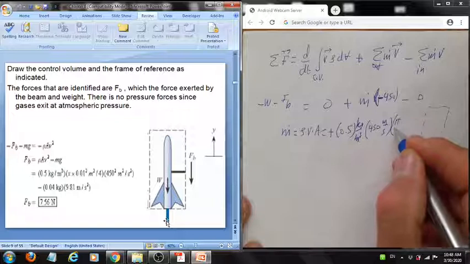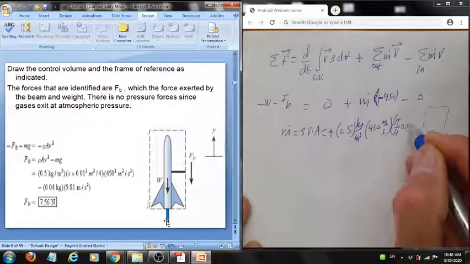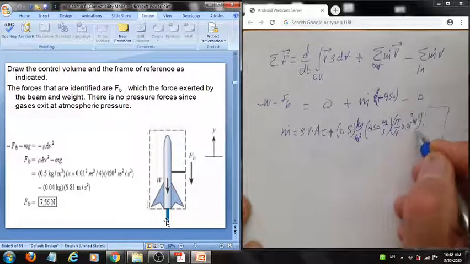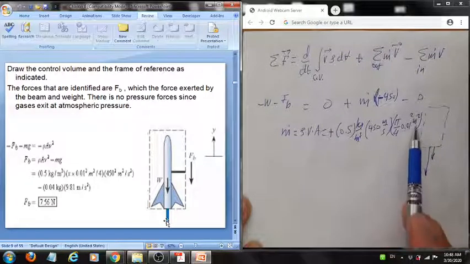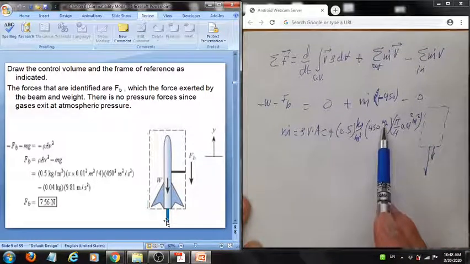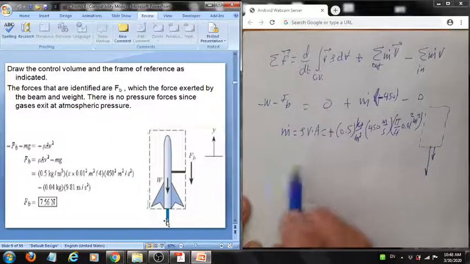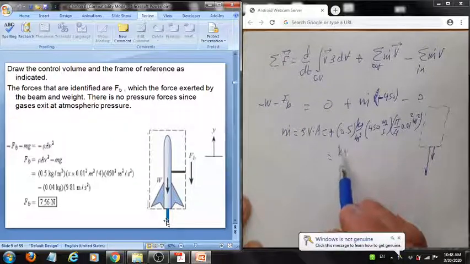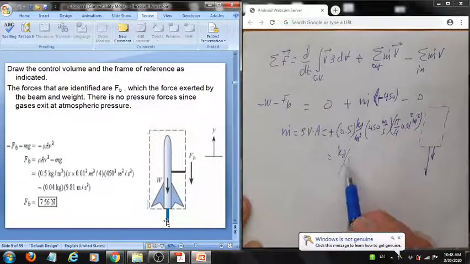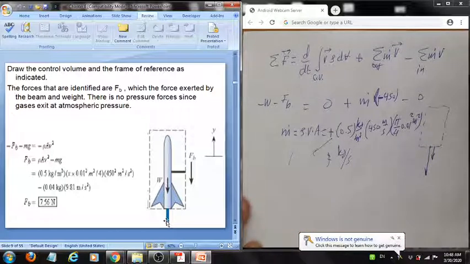And the area is like this. We observe that meter squared times meter per second times kilogram per meter cubed leaves us with kilogram per second, which is the mass flow rate. Or we recognize that m dot is rho V A, times minus 450, which is the velocity.